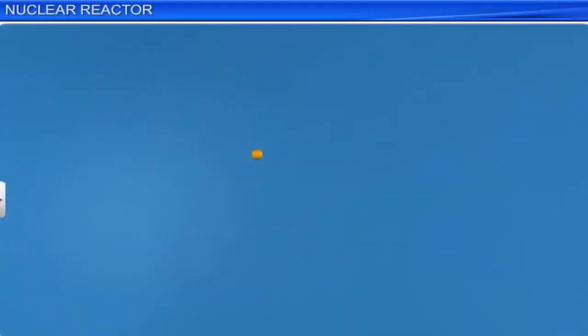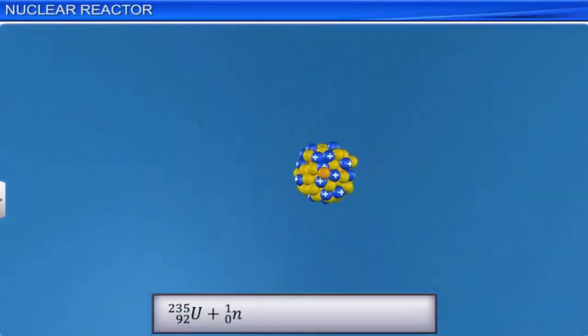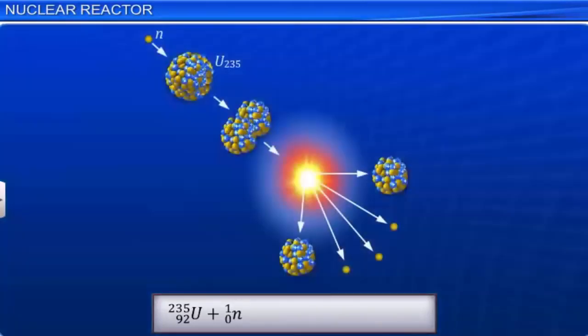We know that when a uranium-235 nucleus absorbs a neutron, it undergoes fission and in the process releases neutrons. Nuclear fission of a heavy nucleus like uranium-235 yields an enormous amount of energy. Also, 3 neutrons are released along with the fission products. In fact, an average of 2.5 neutrons are released in the fission of a uranium nucleus.